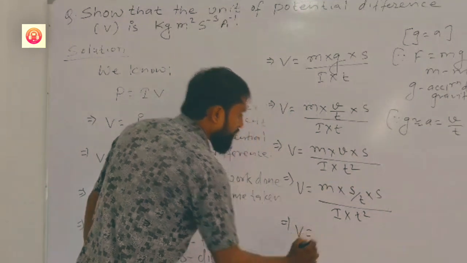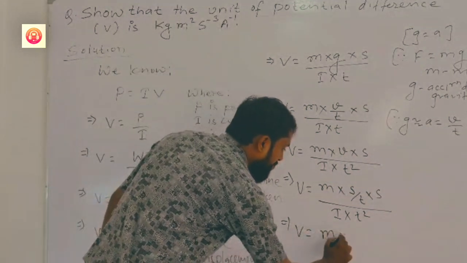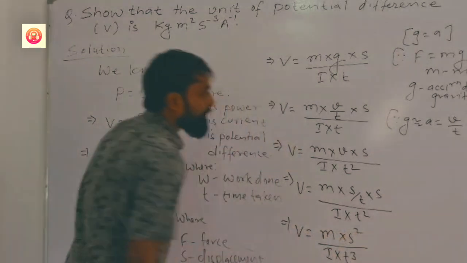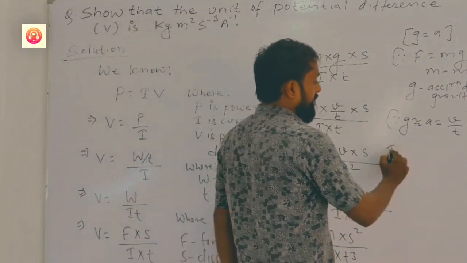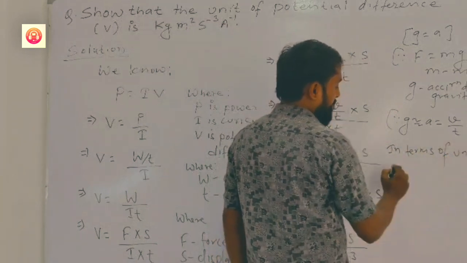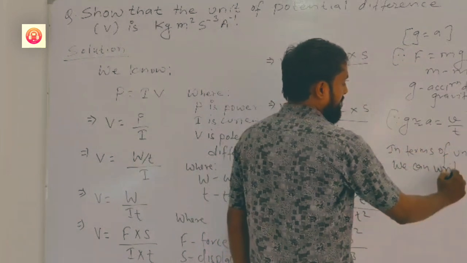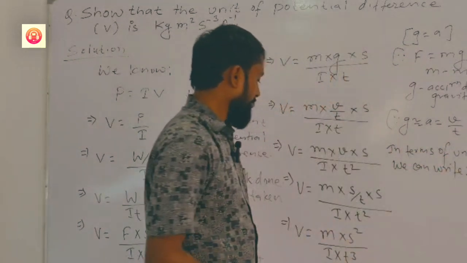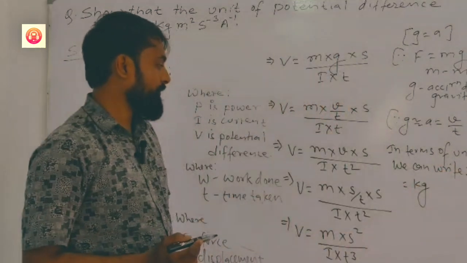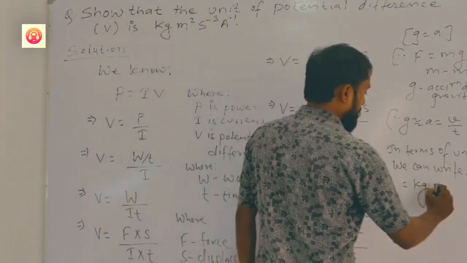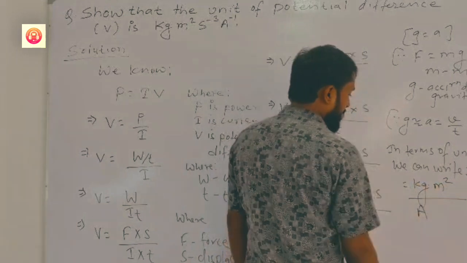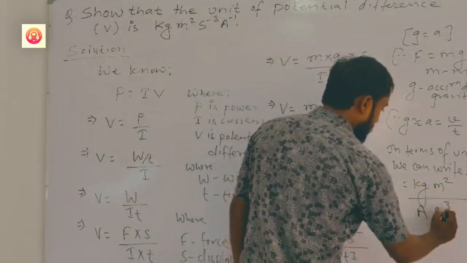So V equals mass into displacement square by current into time cube. In terms of unit, we can write unit of mass equals kg, unit of displacement is meter, unit of current is ampere, unit of time is second.